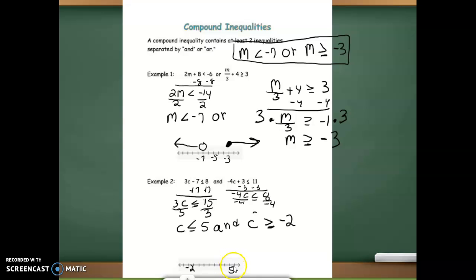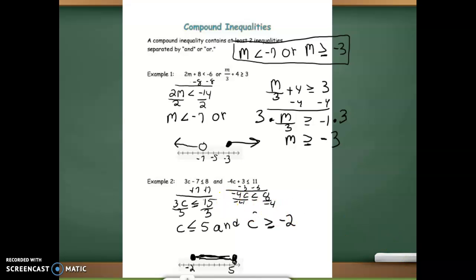So that means I'm going to have a closed circle at 5. However, we have to stop where? We're going to have to stop here because it says that it has to also be greater than or equal to negative 2. So this is what a typical AND statement looks like when it's graphed. So that means any of the numbers that are in this area between negative 2 and 5 are going to be solutions to my problem. Okay?